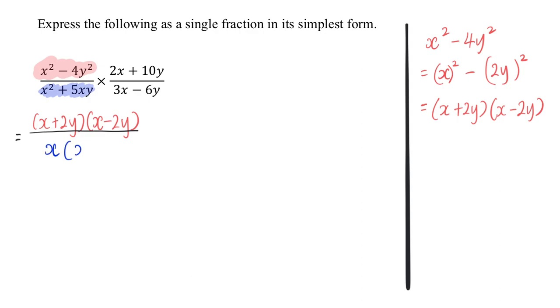And I will be left with x plus 5y here. I continue and I saw that 2x plus 10y can also take out 2 as the common factor. I'm left with x plus 5y.